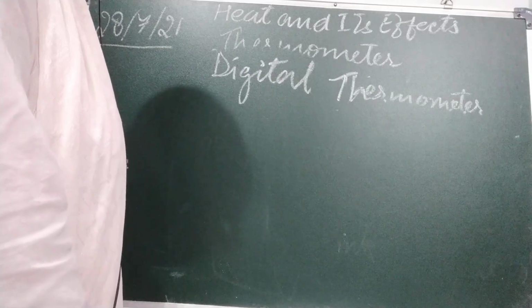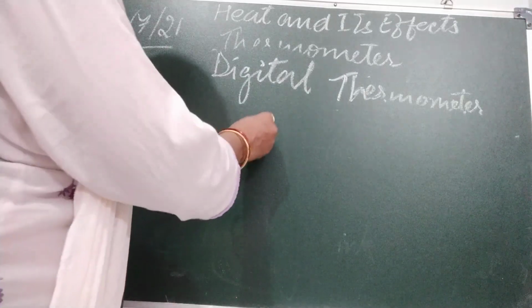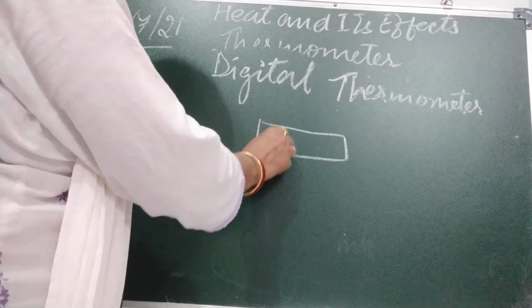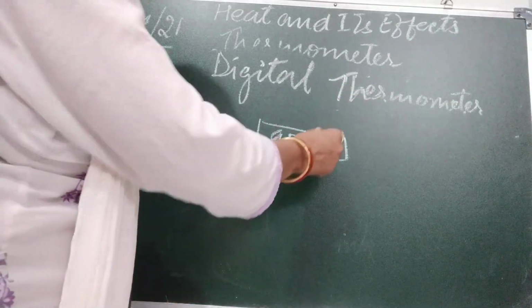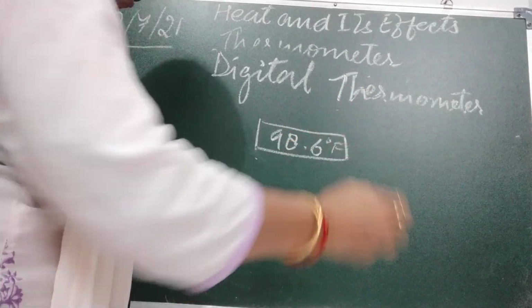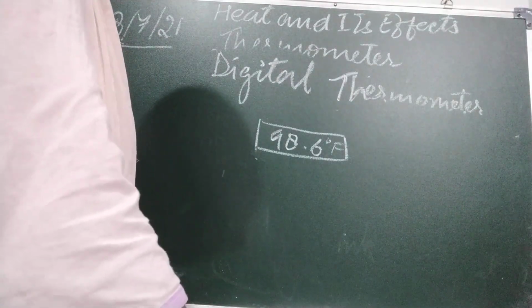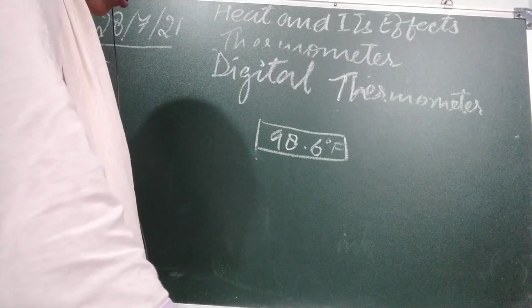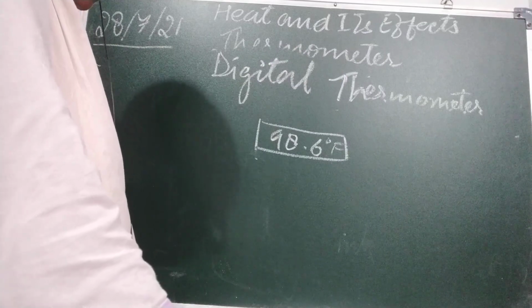In a digital thermometer, the temperature is displayed in numerical form. You are seeing there is a screen. You can read the degrees Celsius or degrees Fahrenheit in that. Another type of thermometer is the forehead strip thermometer.